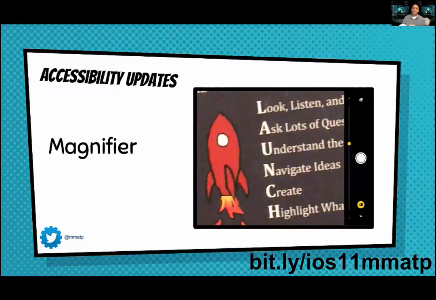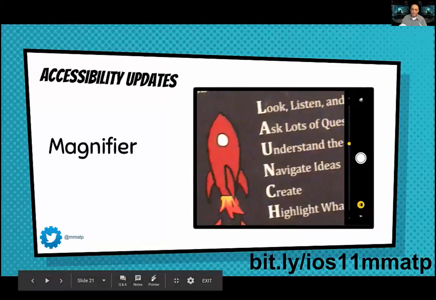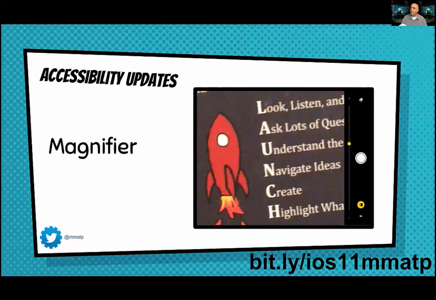So as you move from light to dark, dark to light, and even if the file or the material that you're scanning is darker or lighter, the camera is more responsive to pick that up and adjust it quickly. And so what we've seen is that while the magnifier is not necessarily new, it has been updated and its functionality is a little smoother. And so that's a good thing.